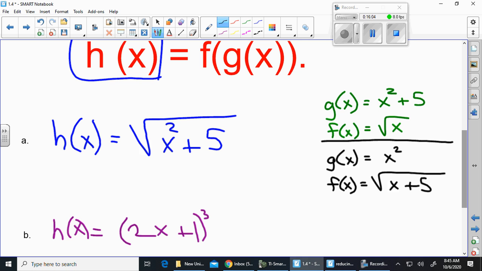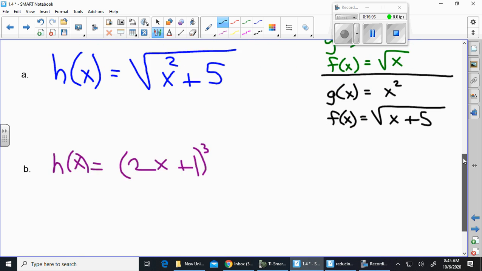If I look at another one, h of x is 2x plus 1, cubed. If I say g of x is 2x plus 1, and f of x is x cubed, if I plug g into f, I would get that answer.